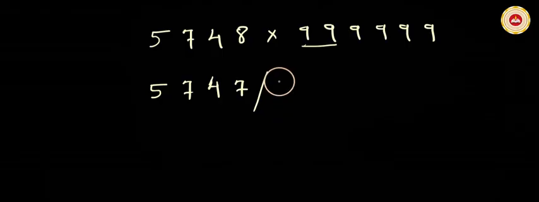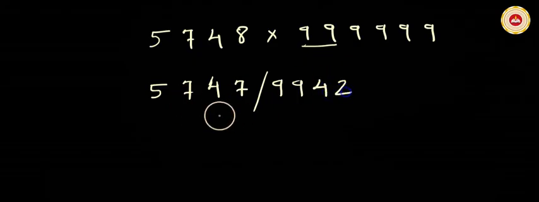Let us write this excess number of 9s in the right part first, and after that subtract these 4 digits from 9 and write the answer after these 2 9s, that is, on the right side of these 2 9s. So 9 minus 5, 4. 9 minus 7, 2. 9 minus 4, 5. 9 minus 7, 2.